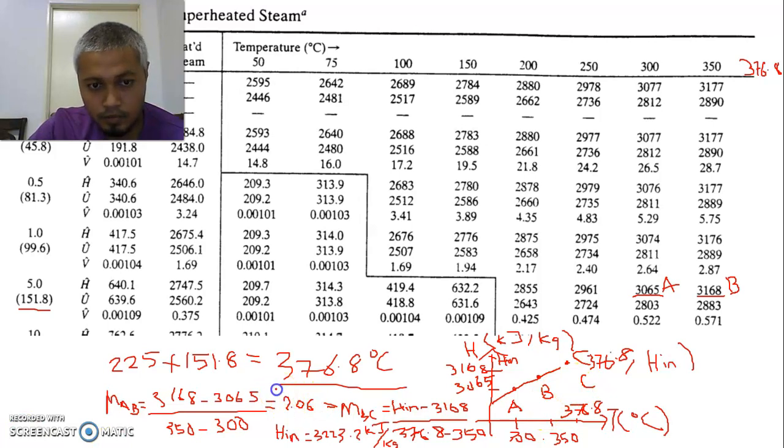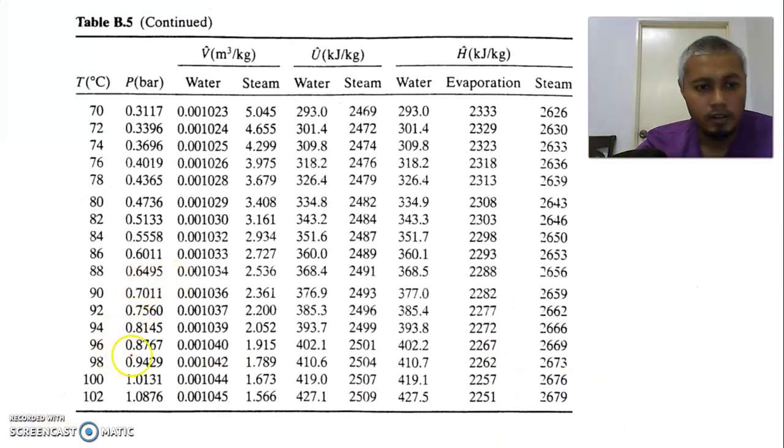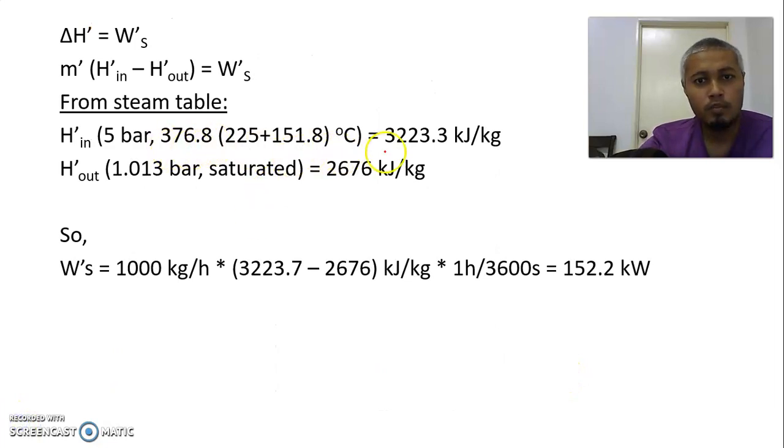If we solve this, we will get H in equals 3.3 kilojoule per kg. And for H out, the pressure of saturated steam is 1.013, so we look at table B.5, because this is for saturated steam. We got the specific enthalpy equals 2676 kilojoule per kg. This is H out.